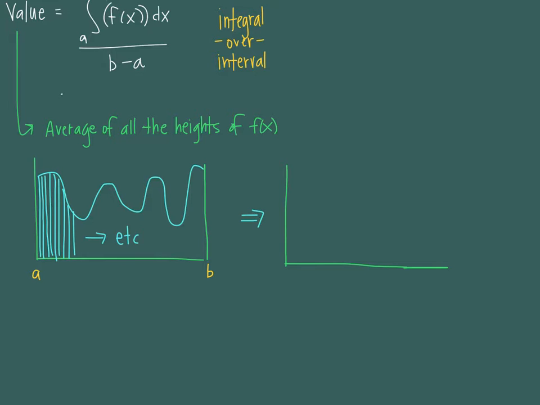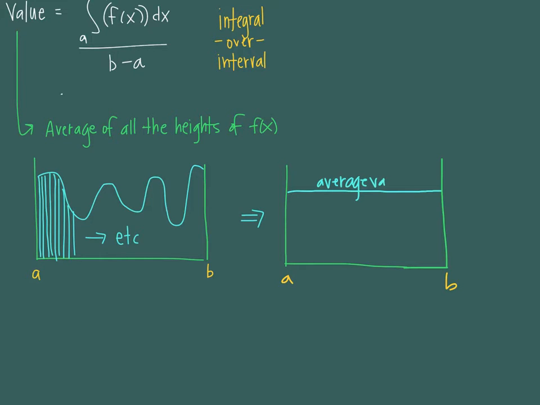But if the water became smooth and calm, what would it look like? Going from a to b, the water might settle right here. The value that it settles at, not high, not low, just constant, is called the average value.